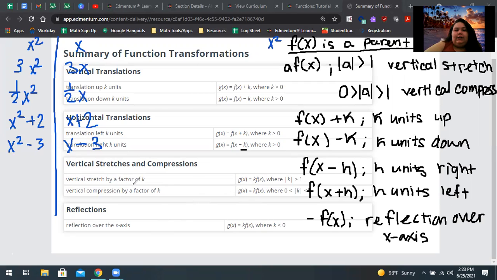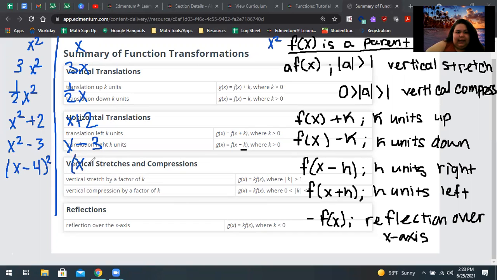So here is an example of a horizontal translation to the right. It'd be x minus, let's just say 4, in parentheses, squared. You're still going to get that x squared, but that minus 4 means that parabola moved 4 units to the right. Now for linear, it's written a little bit differently.